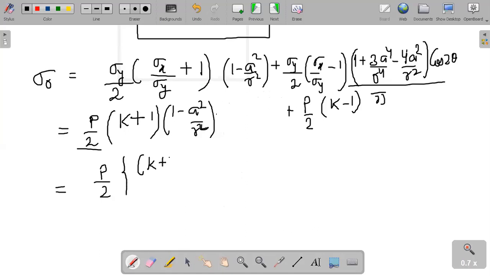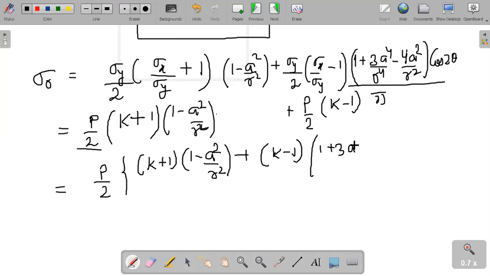K plus 1 minus a square by r square, plus k minus 1, plus 3a to the power 4 by r to the power 4 minus 4a square by r square, cos 2 theta.